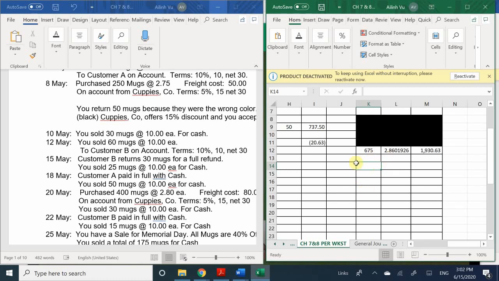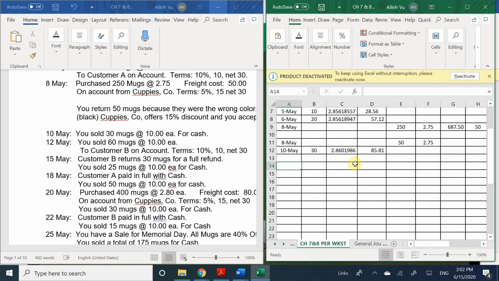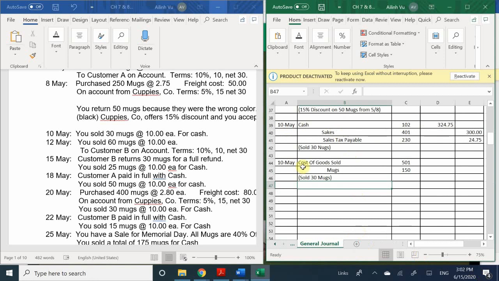And now I need to update my journal because I sold a total of $85.81. So I need to go to my journal and I need to report $85.81. Okay.